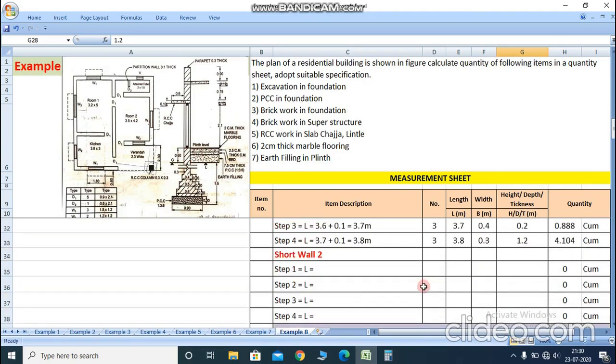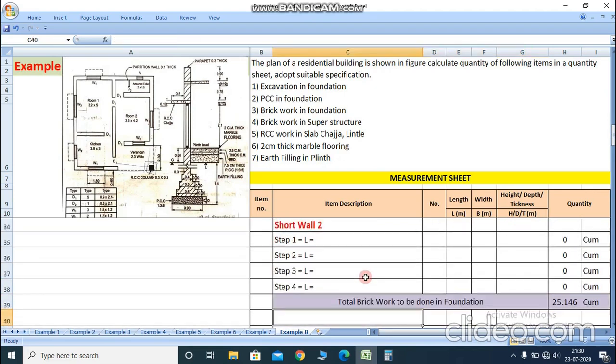Then after, we calculated short wall 2. Now in short wall 2, there are 4 steps: 1, 2, 3 and 4. The first step is only up to plinth level, but we calculated the plinth level brickwork, so we included it in short wall 2.